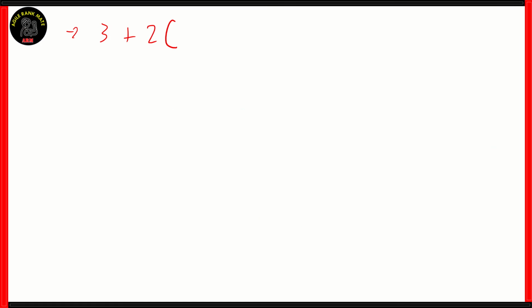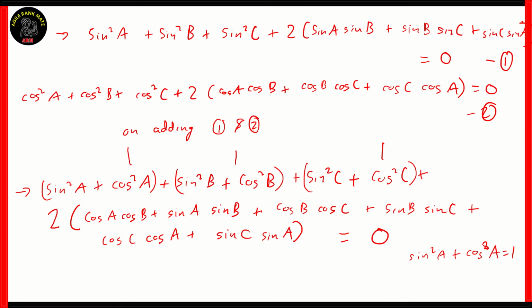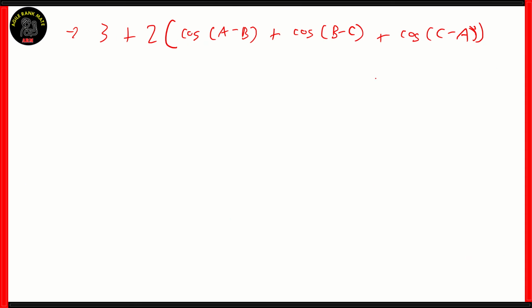In the bracket you have cos of (A minus B) plus cos of (B minus C) plus cos of (C minus A). Because if you look up here, you can differentiate them into 3 different terms, and those terms can be simplified as such. The right-hand side still is 0.